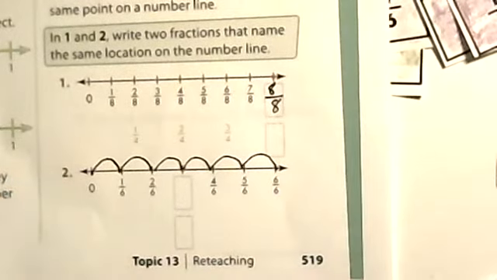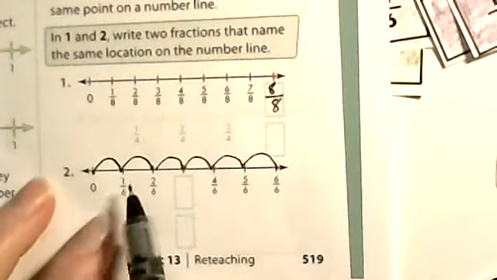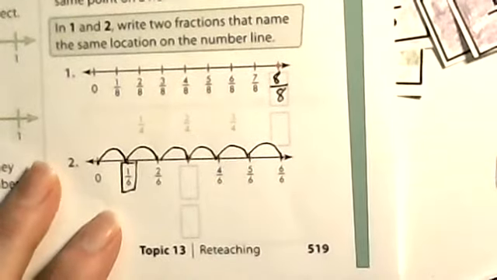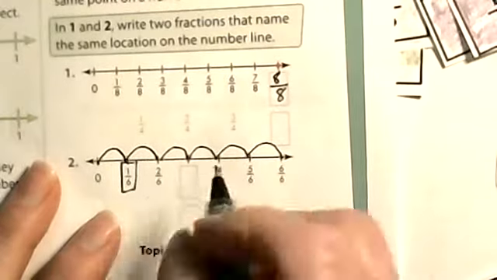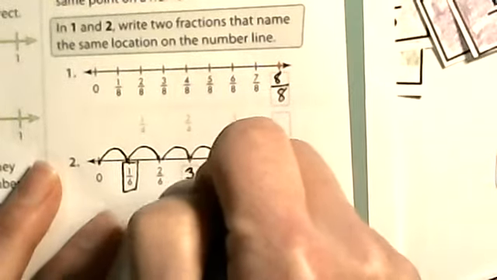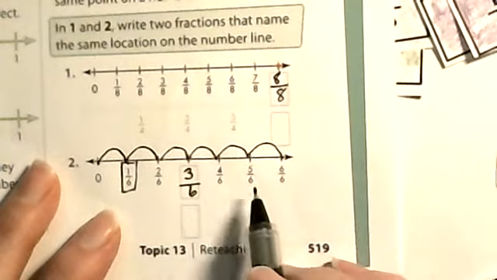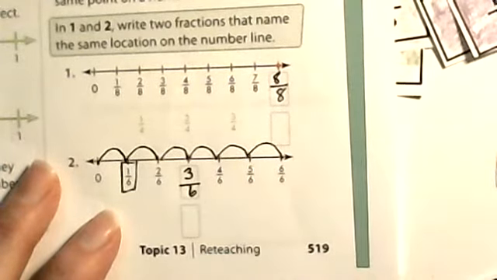So this is broken up into, or partitioned into 6 equal parts. Partitioned, broken up into 6 equal parts. And so each one is 1/6. This is the unit fraction, 1/6. So we have 1/6, 2/6, 3/6, 4/6, 5/6, 6/6.